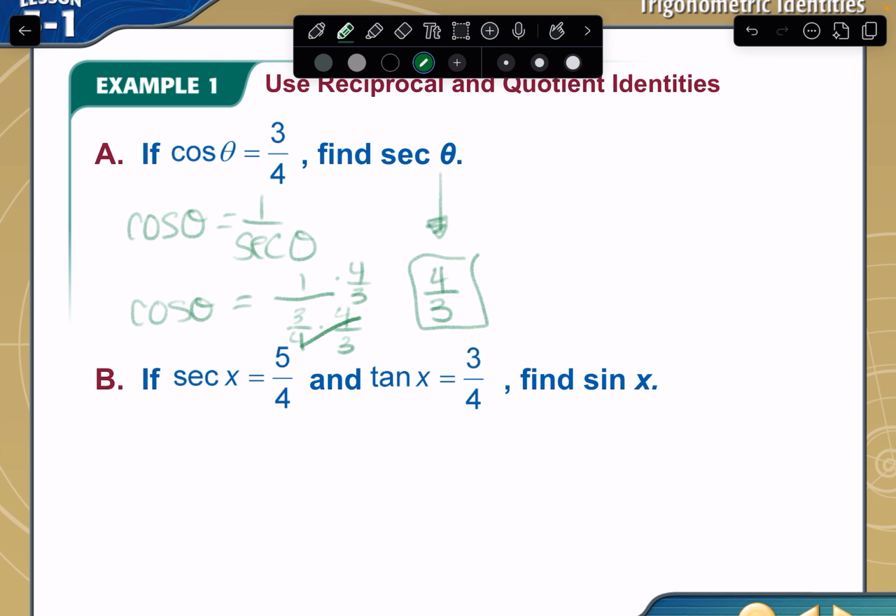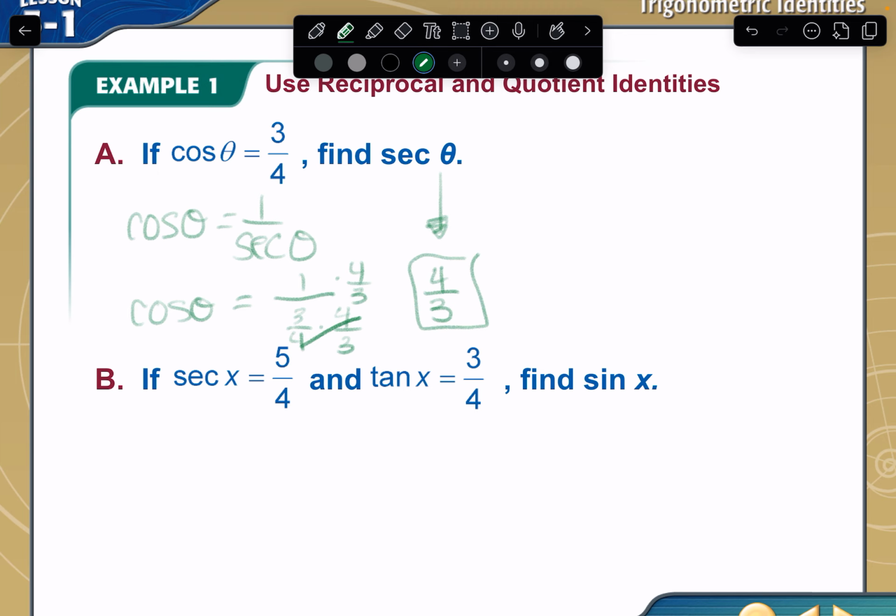So looking at your second example, this one gives you 2 pieces of information because you need both pieces of information to find what is being asked of you. So it gives you that secant is 5/4 and tangent is 3/4 and is asking you to specifically find sine for this question.